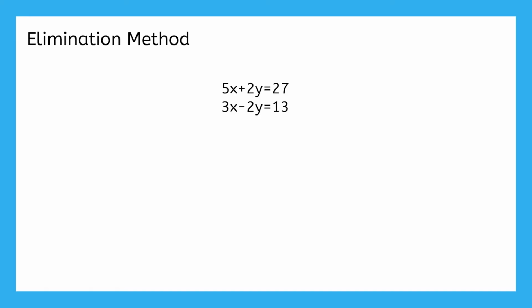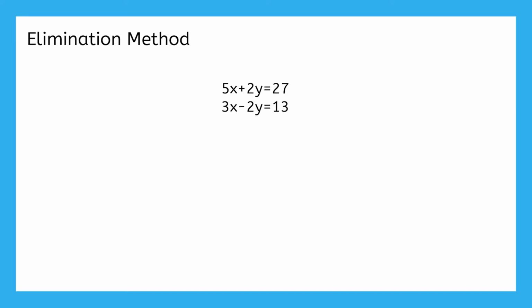Which variable do you see opposite coefficients in front of? It's not the x terms this time. 5 and 3 here are not opposites. Yeah, it's the y terms. They have positive 2 and negative 2 as their coefficients. As long as one of the variables has opposite coefficients, we'll be good to go.